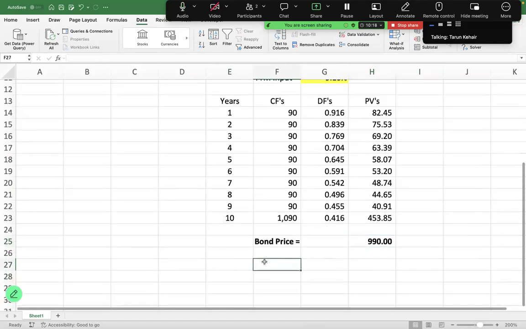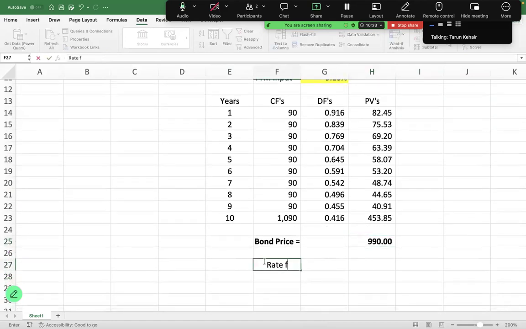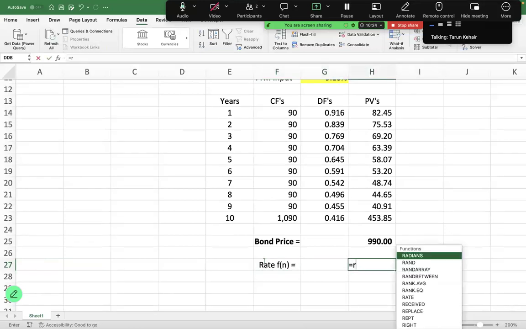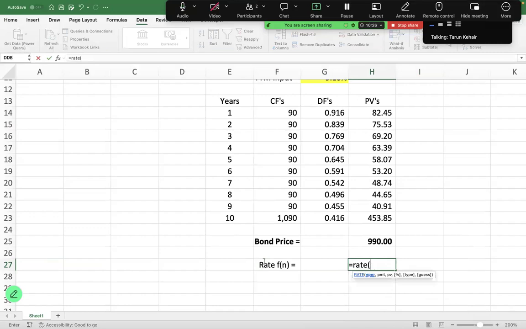The other way is to use the rate function. It is equal to rate, and it asks for the number of periods, nper. So I put there 10. PMT is the recurring payment that the bond investor will receive, which will be 90, which is your coupon.